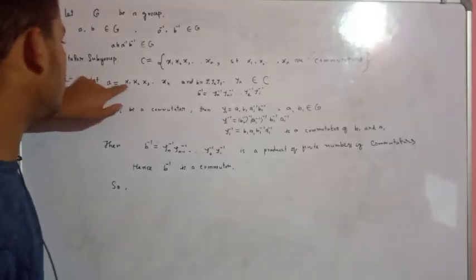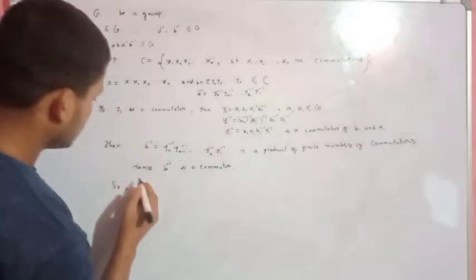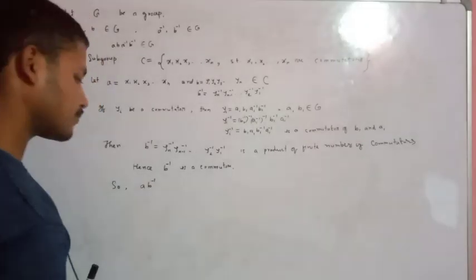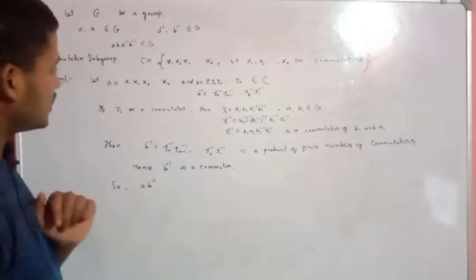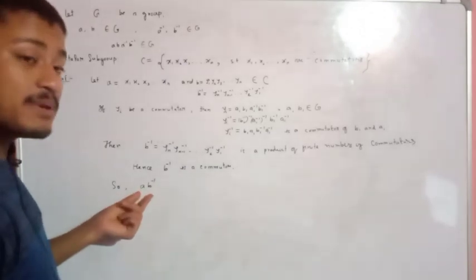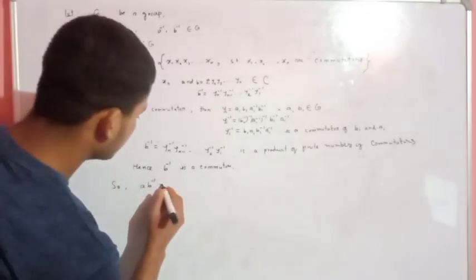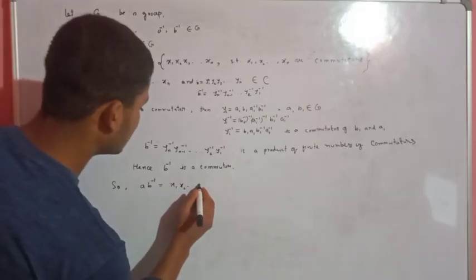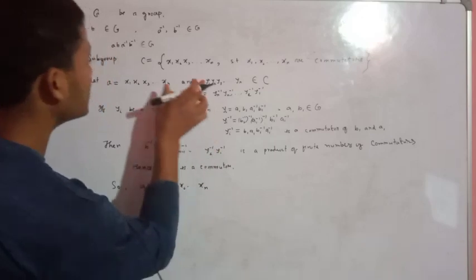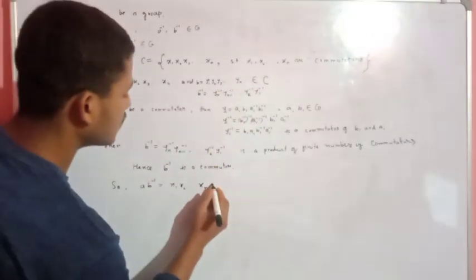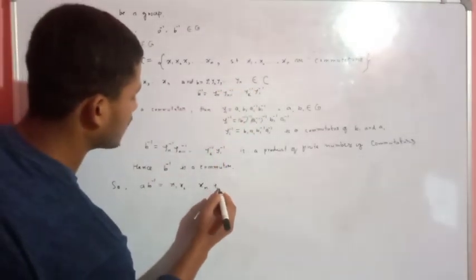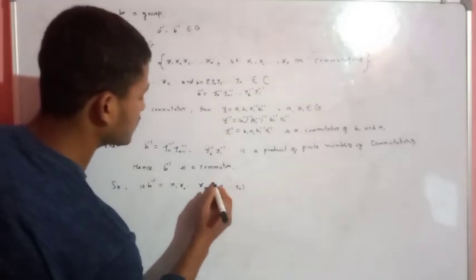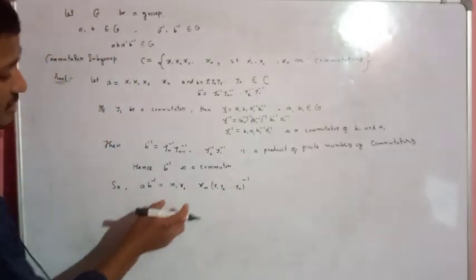Now AB inverse: what is AB inverse? A is x1, x2, like that, xn. And B inverse is y1, y2, ..., yn inverse.